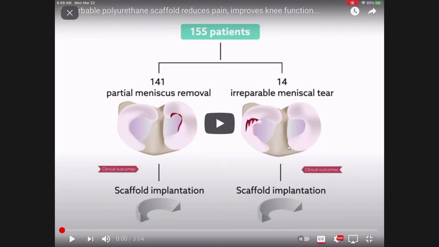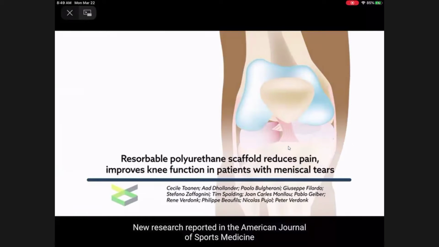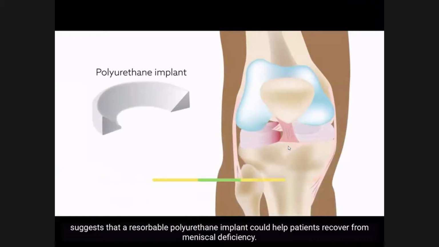So right now, let's see the bioresorbable polyurethane, to form a tough tissue. It's for meniscal tear. New research reported in the American Journal of Sports Medicine suggests that a resorbable polyurethane implant could help patients recover from meniscal deficiency.